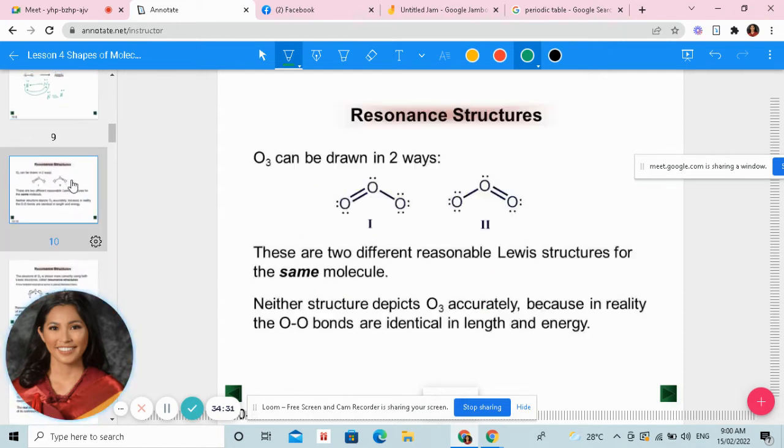Okay, so that's it. Now we have resonance structures. We have O3, the ozone. O3 can be drawn in two ways. These are two different reasonable Lewis structures for the same oxygen molecule.